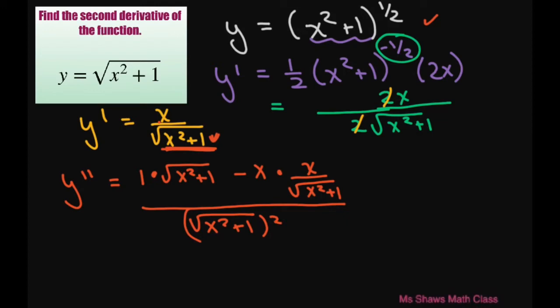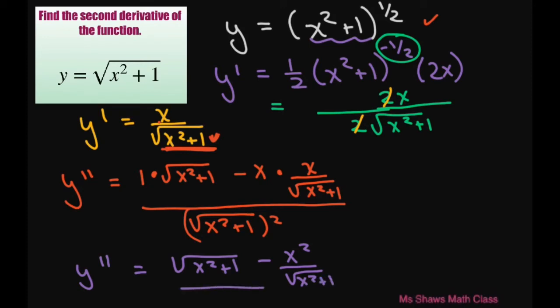And let's see, this is going to simplify to y double prime equals the square root of x squared plus 1 minus x squared divided by the square root of x squared plus 1, all divided by the square root of x squared plus 1 squared.